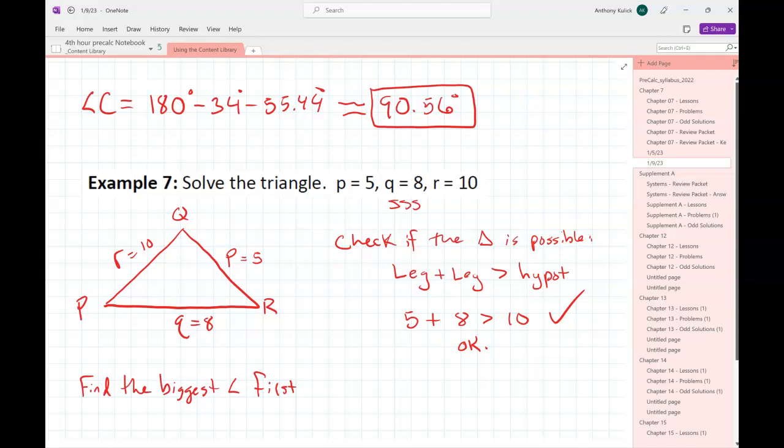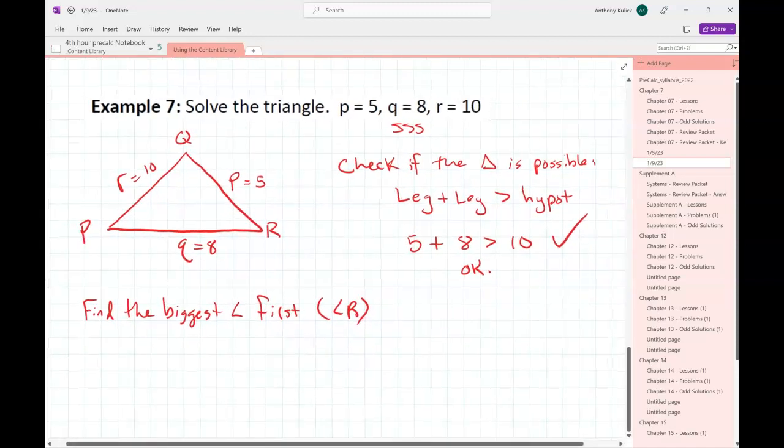Everything is fine. So which of the three angles is the biggest in this case? Angle R. How can we tell? The side R is the biggest side length. Yep, exactly right.